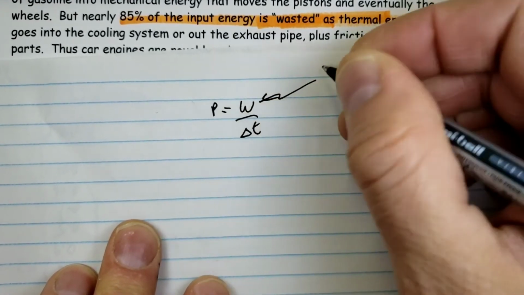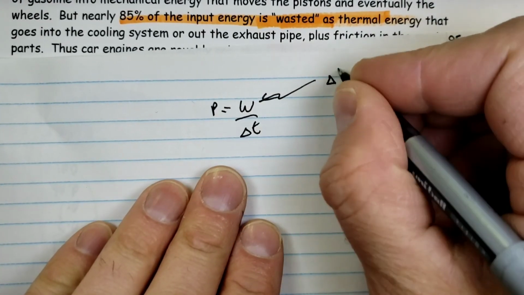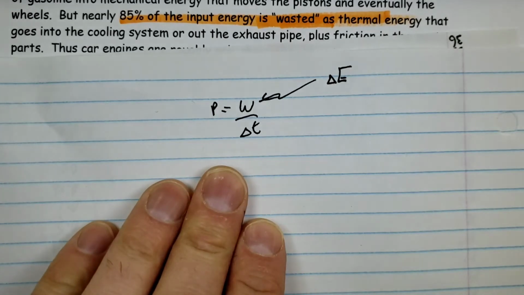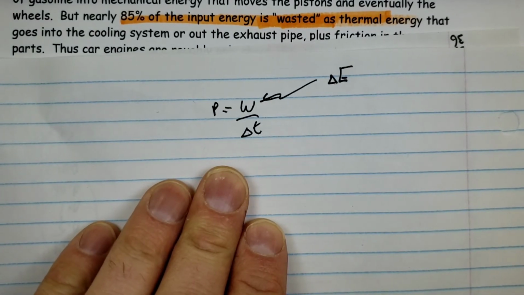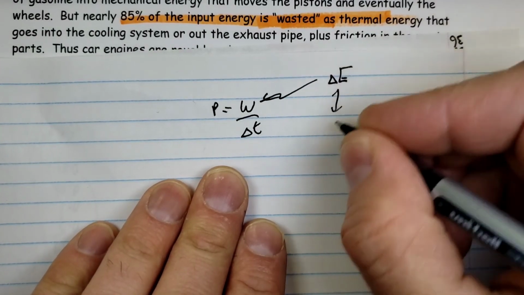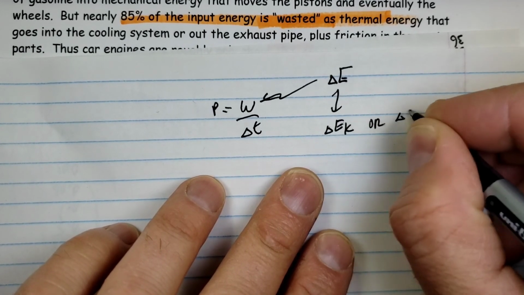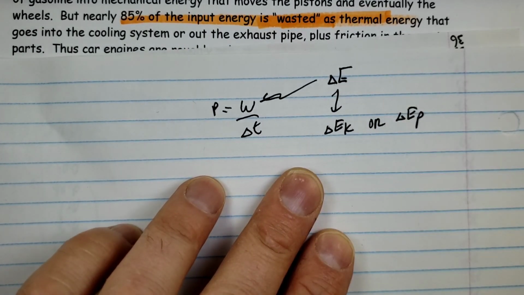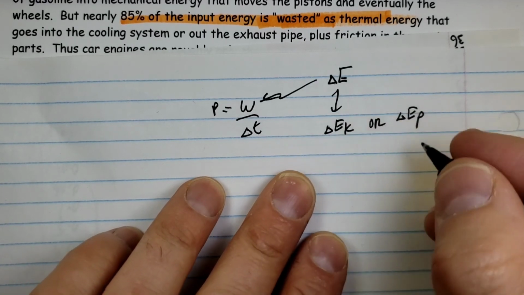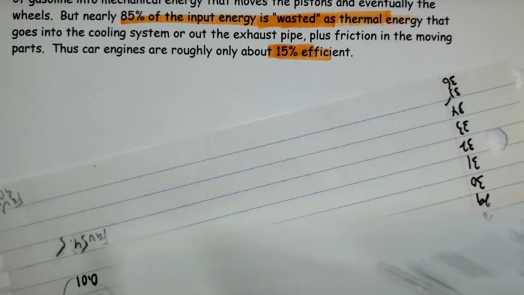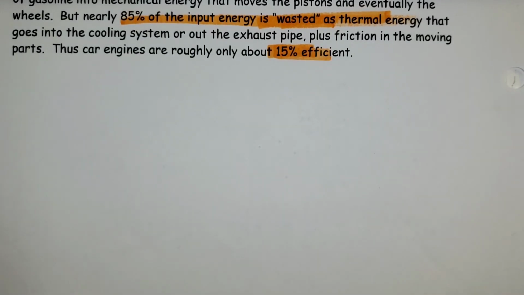And in order to calculate work, you may have to calculate change in energy in some way. That energy could be a change in kinetic energy or a change in potential energy. So sometimes you have to figure out change in potential or change in kinetic.